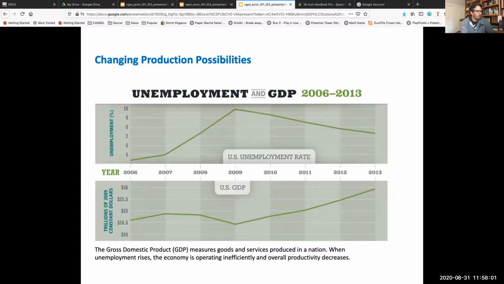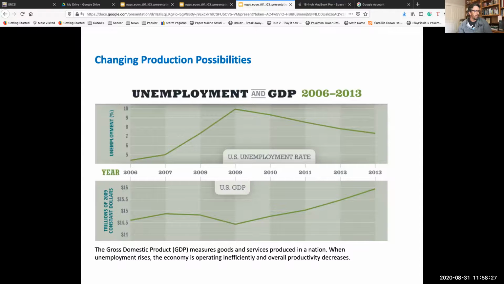And then down below, we see GDP, which is going to be your gross domestic product. It basically is the dollar figure for all goods and services produced in the United States. So that's everything, right? If you have a little business, that's included in this. That's why it's in the trillions of dollars, right?